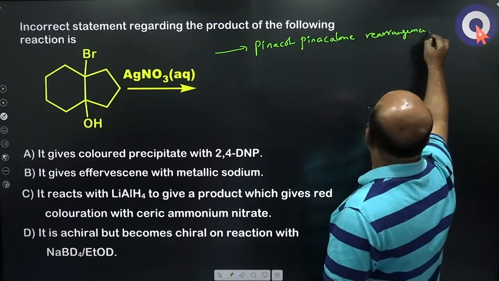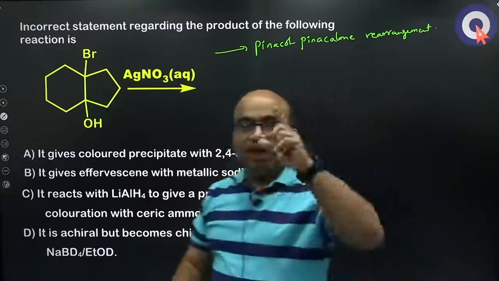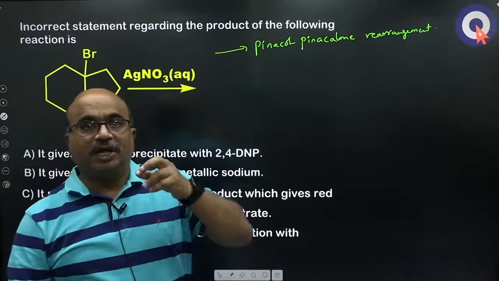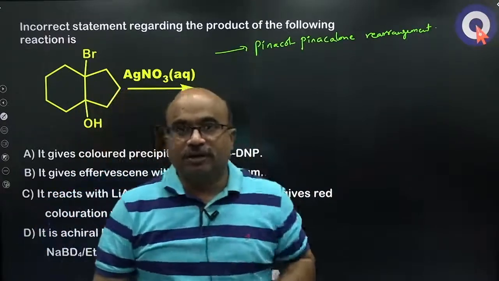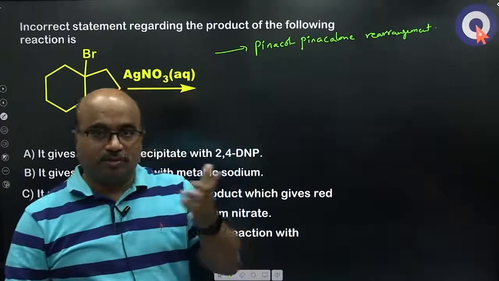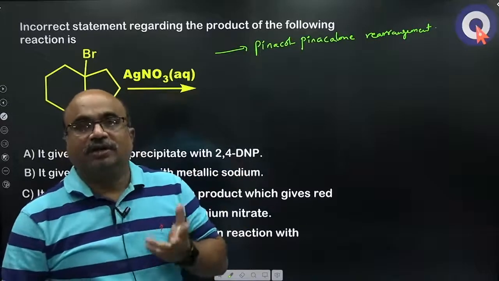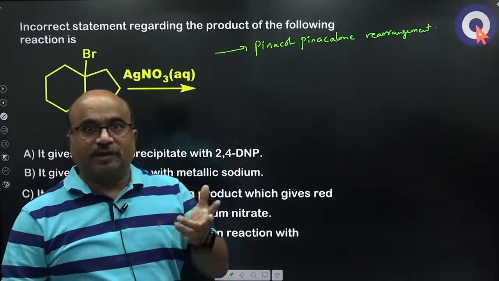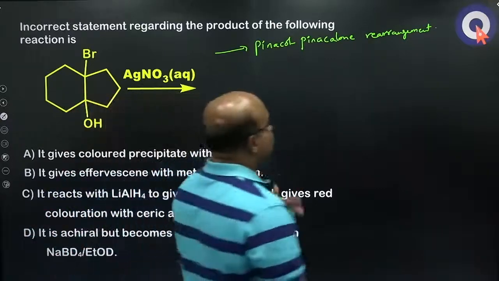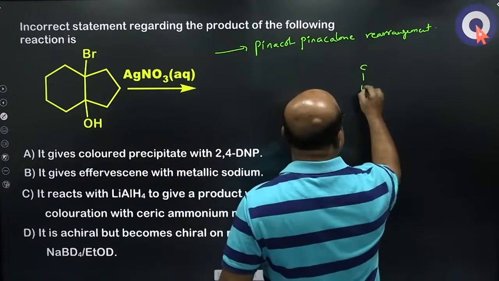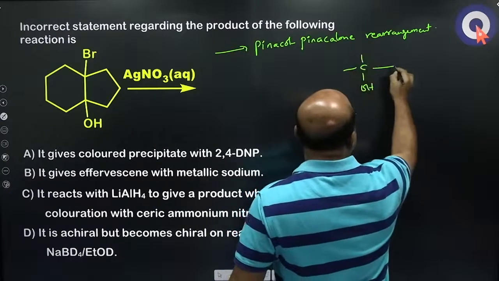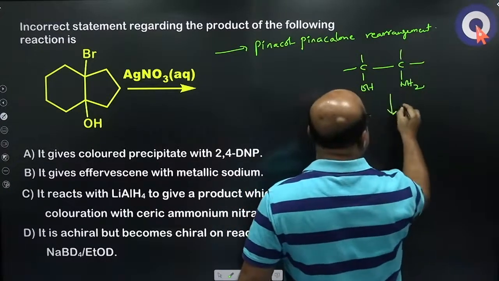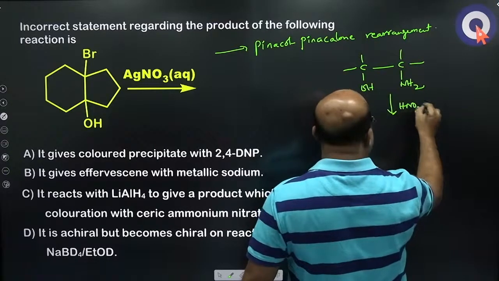Where does it happen? When there are two OH groups and you treat in the presence of acid. When there is an OH group and a halogen group, we treat with silver nitrate. Even in the diazonium case, there is NH2 on the adjacent carbon, and we react with HNO2 for diazonium salt formation.